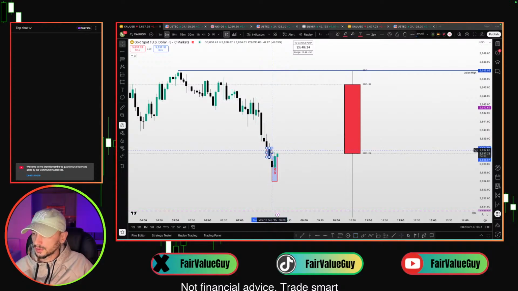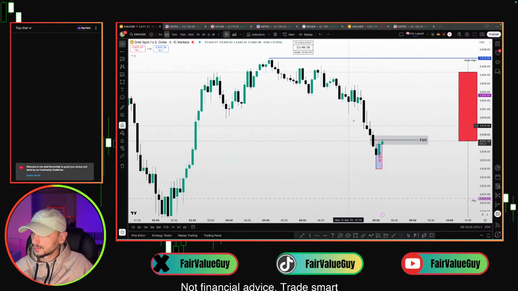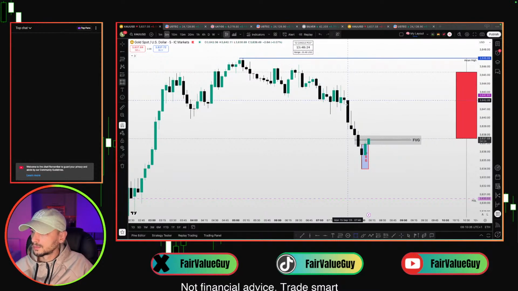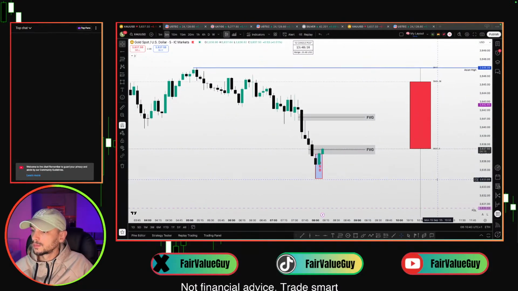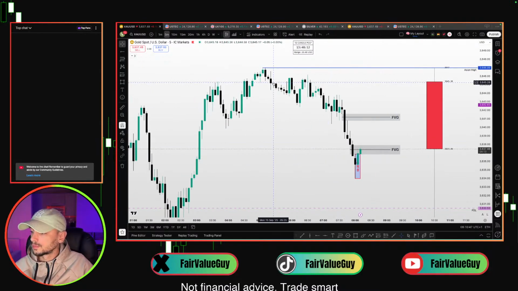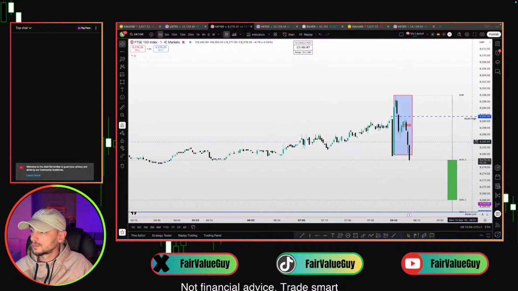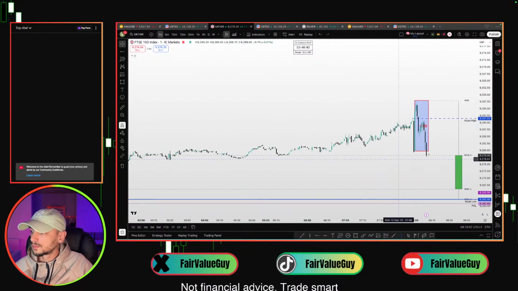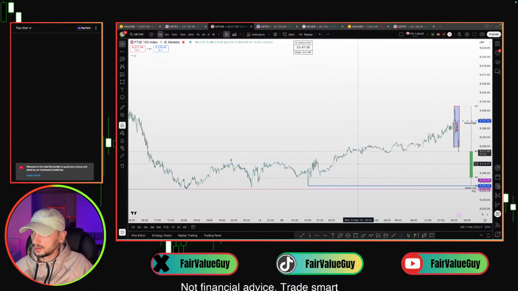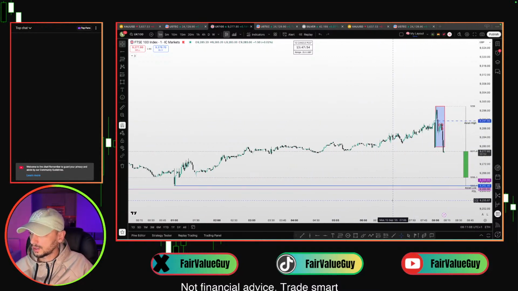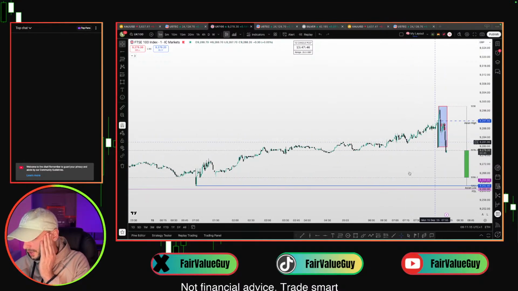Let's see how we react from this fair value gap. Okay, if we keep going down on UK100, I have a good feeling we can swipe those Asian lows and previous day lows, and we can see good price action for longs.